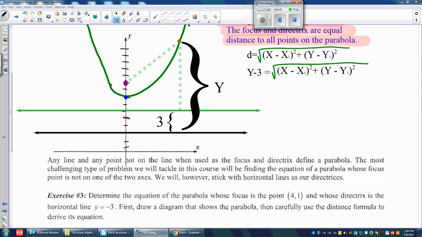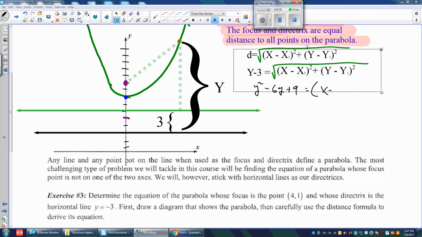Y minus 3 squared is y squared minus 6y plus 9. And the other side is just, oh, I forgot to put in the point. So let's put in the point. X minus x1. What's the point? The point is 0, 7.